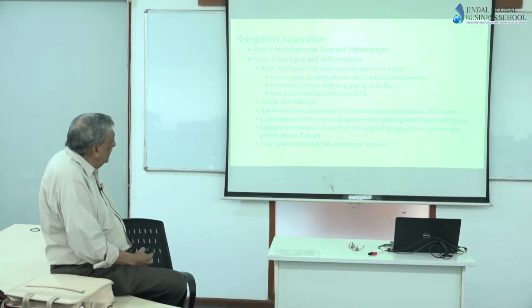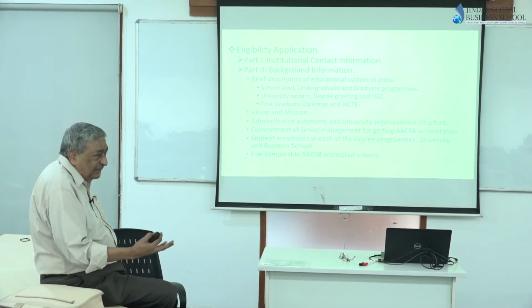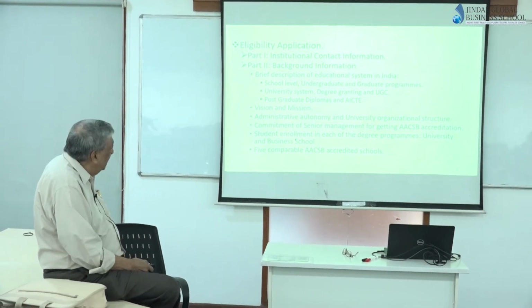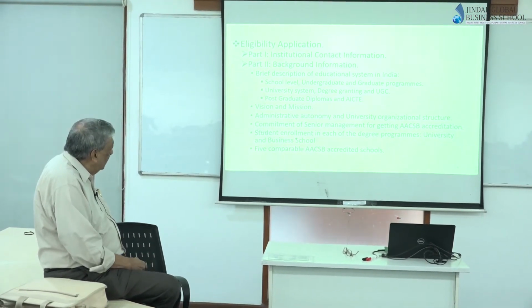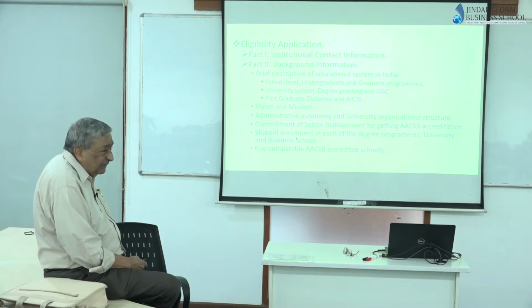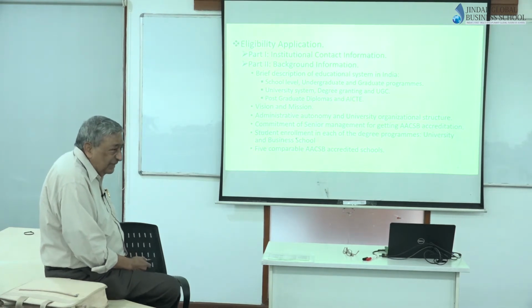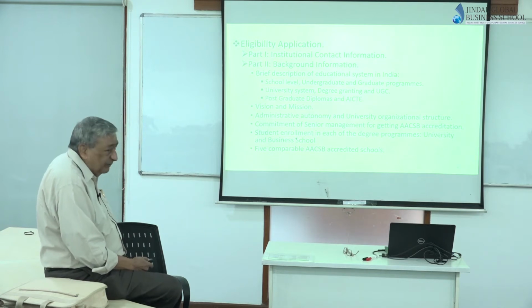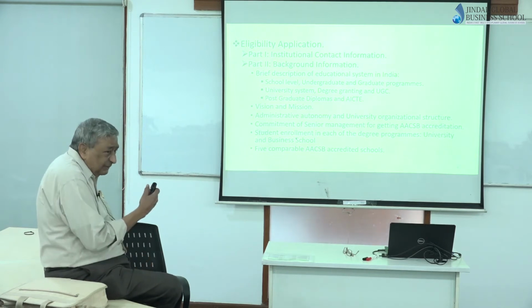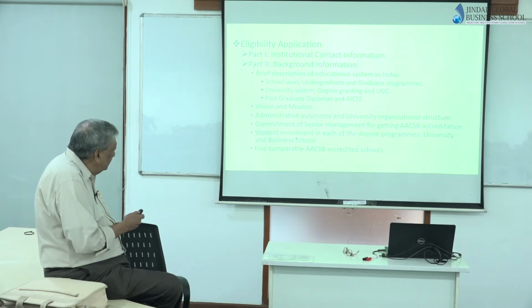They say provide a description of the educational system, and for us it will be the educational system in India. What I would suggest is to use the school level, undergraduate and graduate programs, what we have, and the university system, degree granting, PGDM, and so on, postgraduate diplomas, AICTE, UGC, and so on. So you have to give a brief description of that.